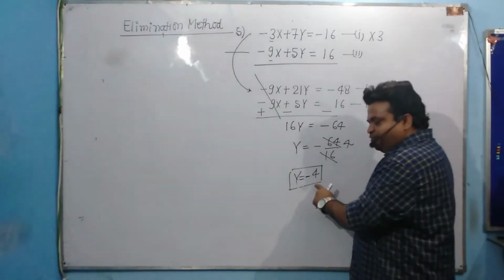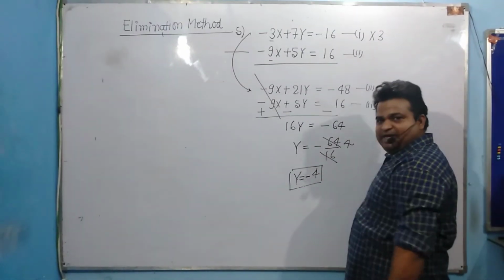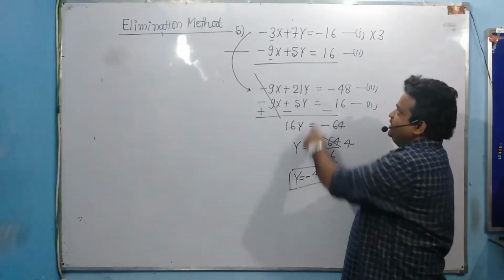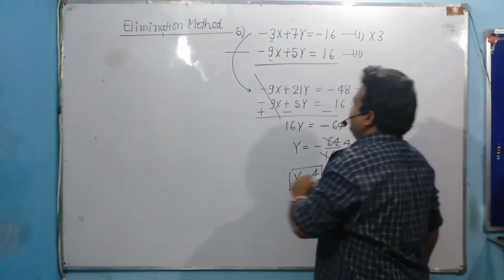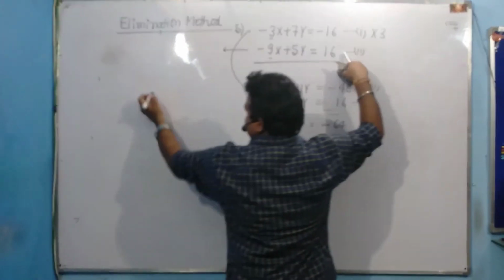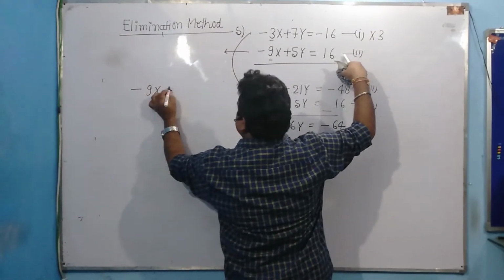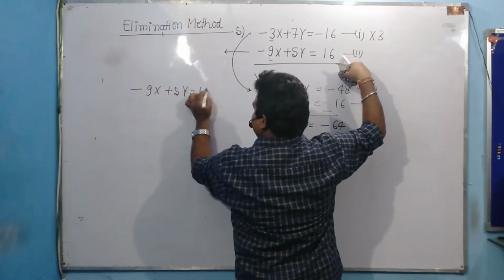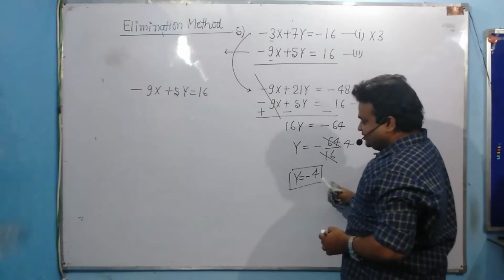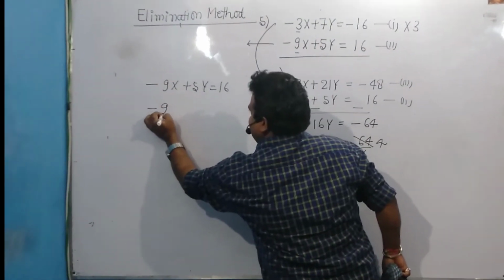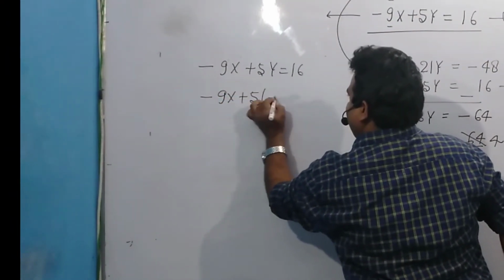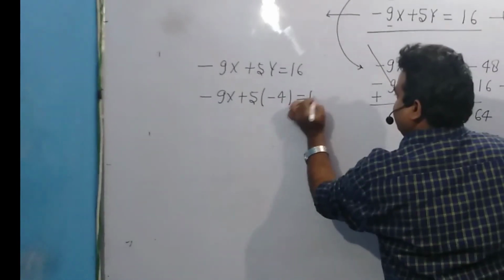Now with the help of y, I am going to calculate the x value by putting this y in equation number 1 or 2. So I am taking equation number 2, and this equation is minus 9x plus 5y is equal to 16. My y value is minus 4. So minus 9x plus 5 multiplied by minus 4 is equal to 16.